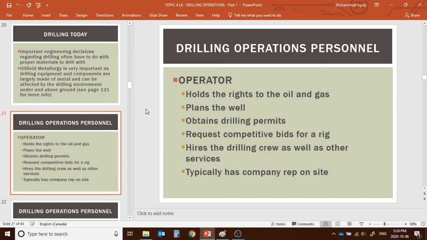So they hold the right of the oil and gas. They plan everything. They obtain the permits and hire the drilling rigs, drilling crews, everything. So the drilling team works as a third party of the operator. For instance, Husky Energy is the operator, and Schlumberger is the drilling rig. It's just an example of how it works.